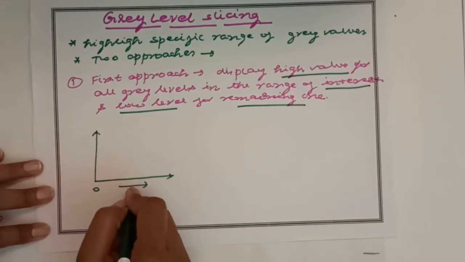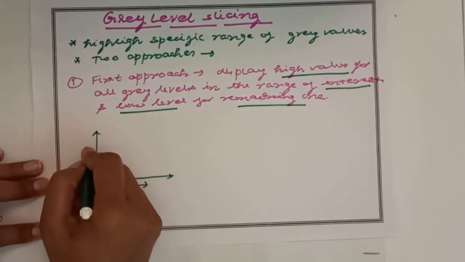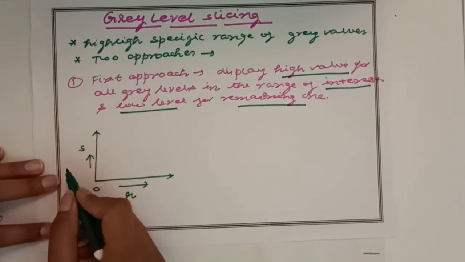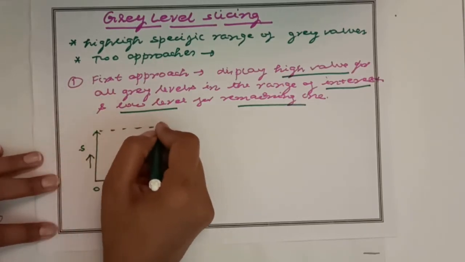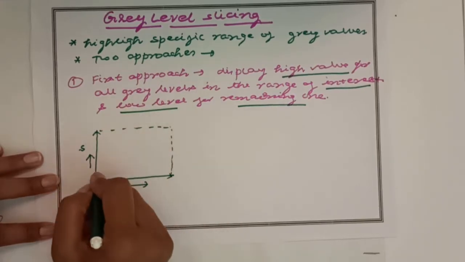See, at input you have taken the variation of gray levels for the input image, which is represented by R, and at the y-axis the transform function is represented by S, and L is the total number of possible gray values.